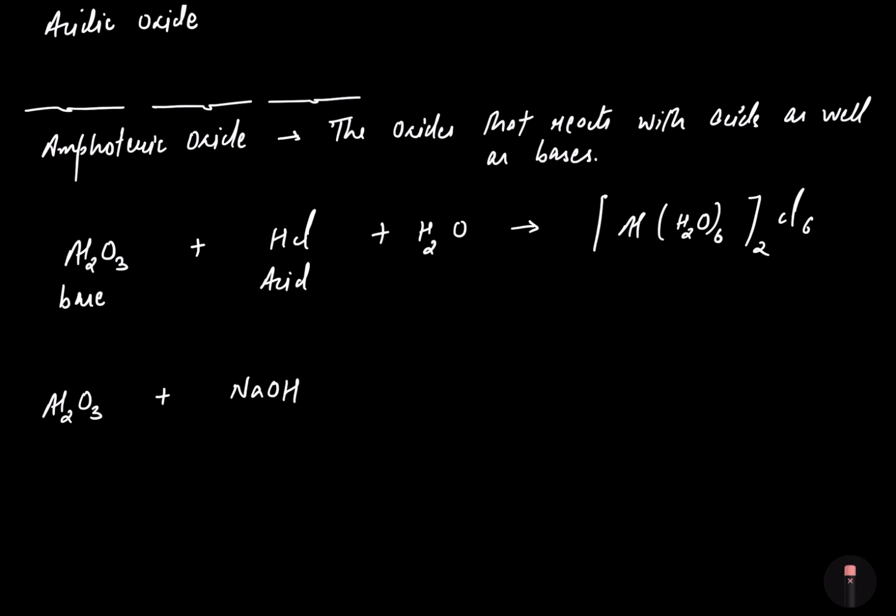Here NaOH is a base, so Al2O3 will act like an acid, and in presence of water it will react with the base and form sodium meta-aluminate, Na3[Al(OH)6]. So you can see that Al2O3 acts like a base when it reacts with acid, and acts like an acid when it reacts with a base, meaning Al2O3 reacts with both acid and base, that's why Al2O3 is an amphoteric oxide.